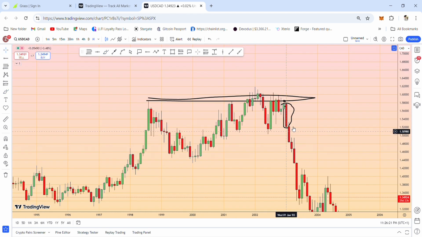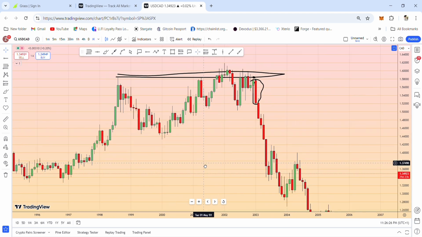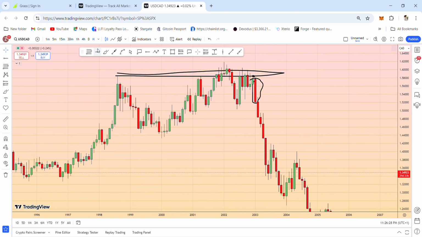So that candlestick is giving you the go-ahead to sell, and as you can see, price dropped down from this place and down here. So that's a bearish engulfing pattern. It's happening at a resistance, so it's giving you a signal to sell.